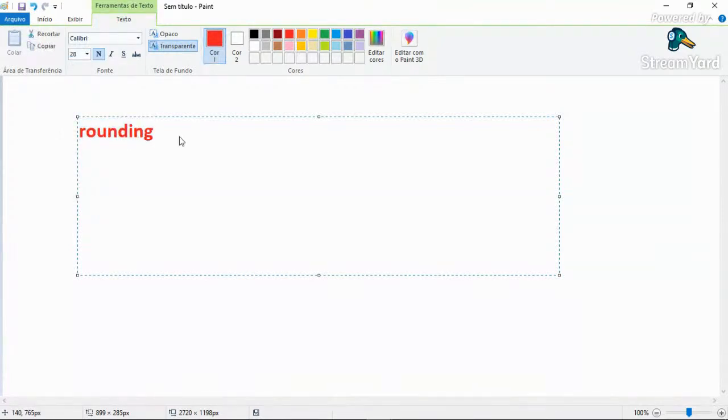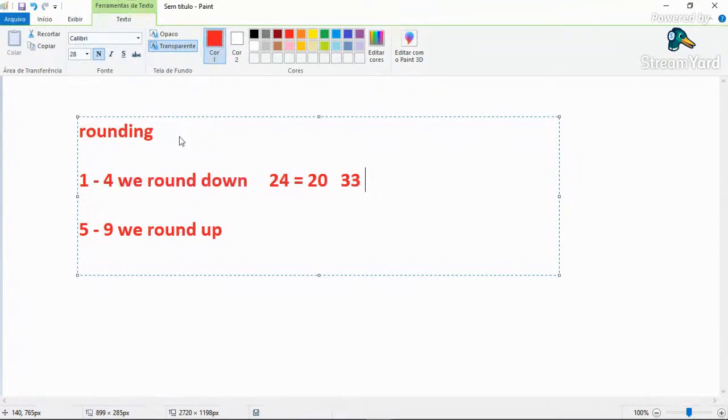Rounding is like this. Numbers from 1 to 4, we round down. Numbers from 5 to 9, we round up. So if I have a number that is 24, the closest is 20. If I have a number that is 33, the closest is 30.